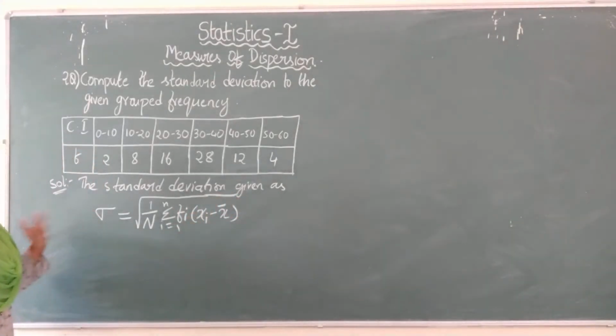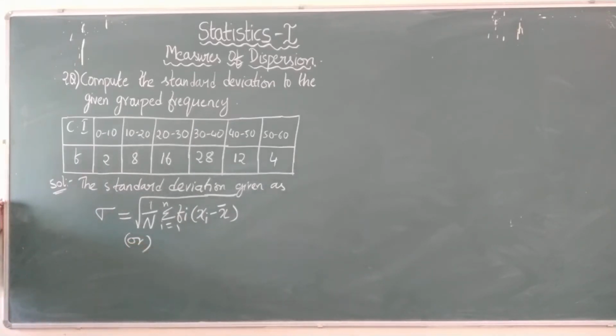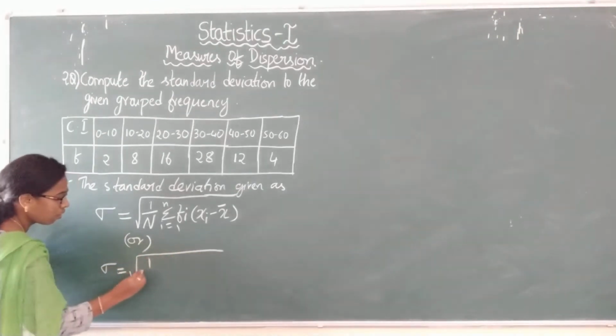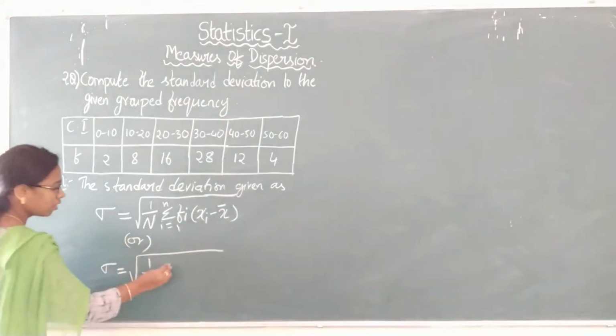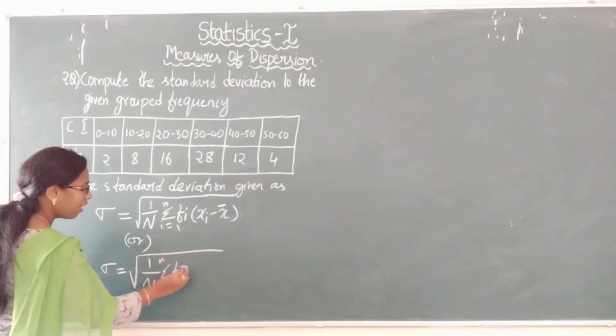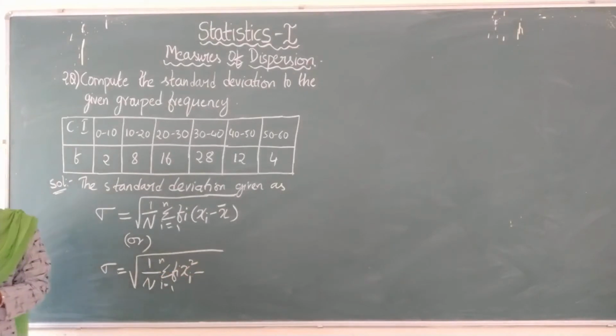This is the formula for the standard deviation, or you can use another formula also, the simplified formula: sigma equals the square root of 1 by capital N summation i equals 1 to n fi xi square minus x bar whole square.